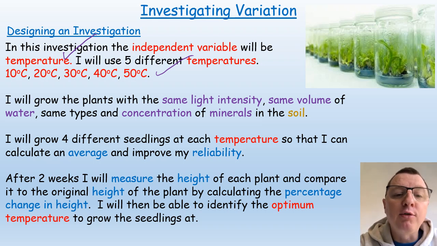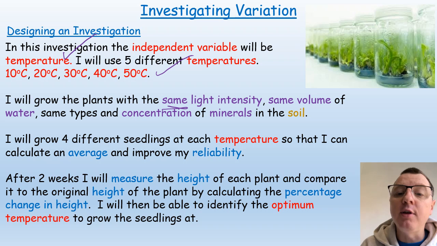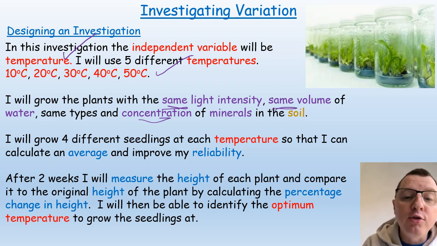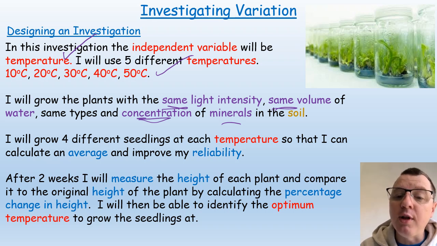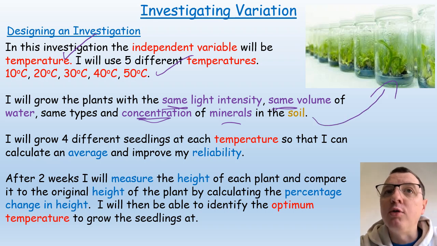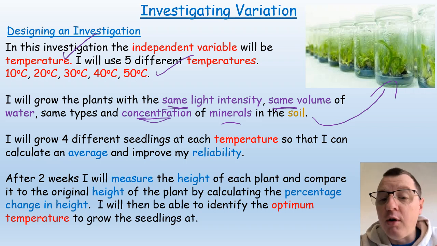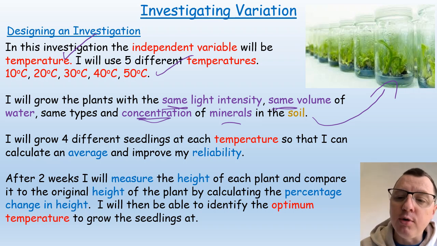I will grow the plants with the same light intensity, the same volume of water, the same type and concentration of minerals in the soil. In this case, it wouldn't necessarily be the soil, but you might talk about a nutrient medium. These are the control variables that we're talking about here.